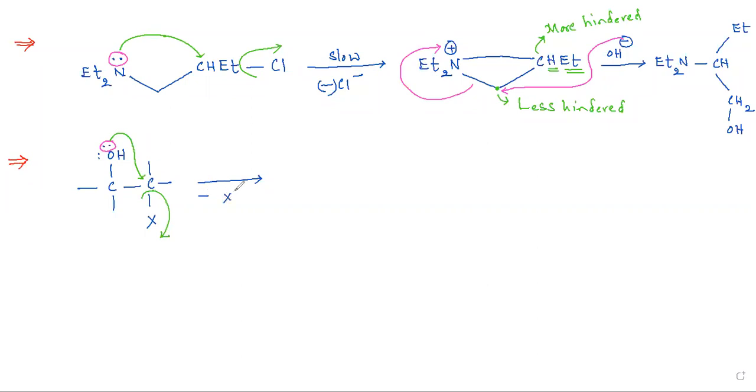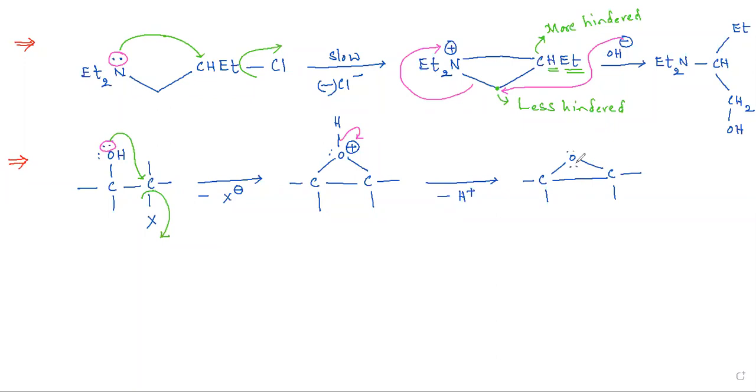So minus X minus. Okay. You still have a pair of electrons, then a positive charge. Now simply a proton is lost and you get a cyclic ether.